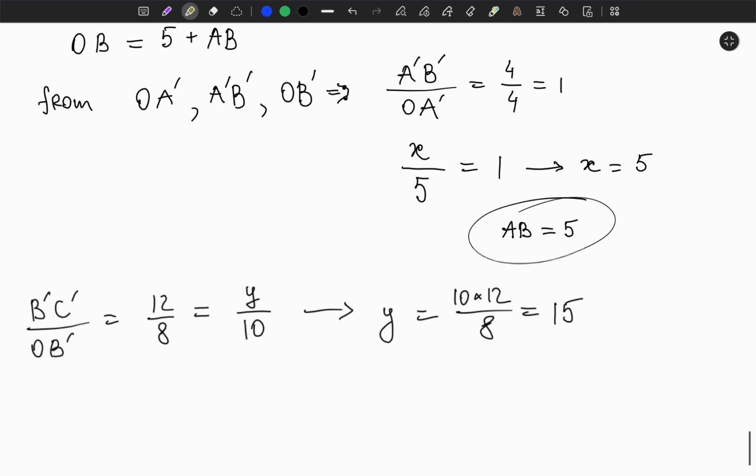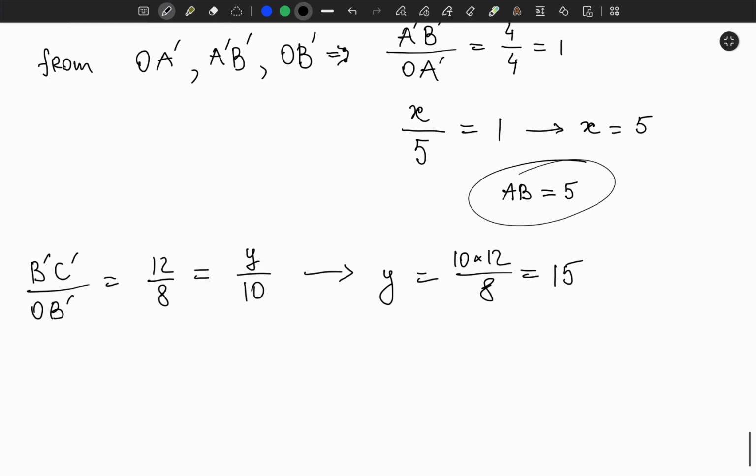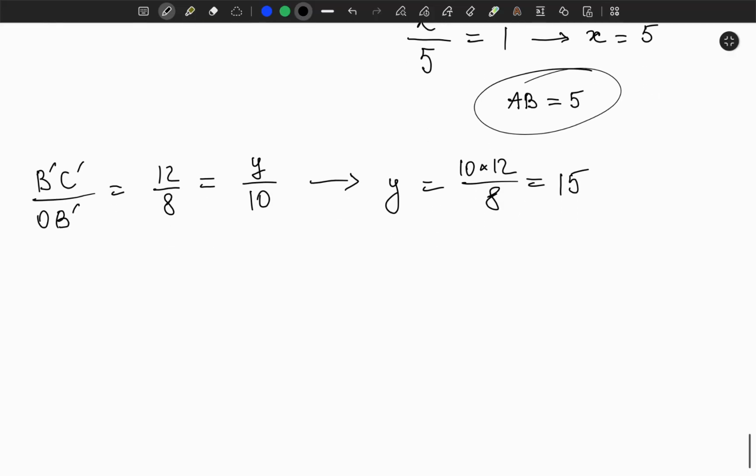With this, it's very important. We can do similarity for the triangles. Similarity property for triangles.